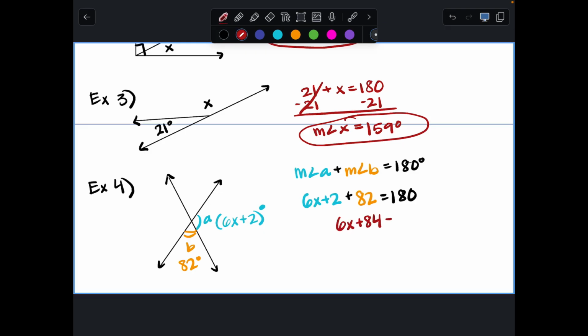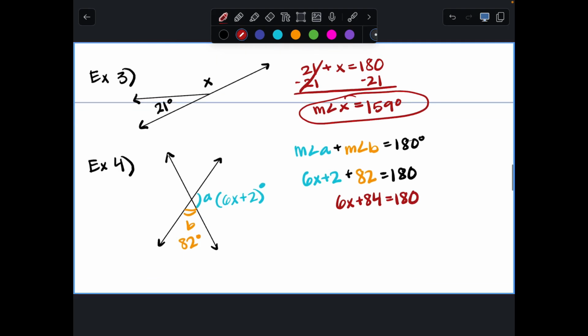Combine like terms, and now we just have a two-step equation. So what does x equal? 16.